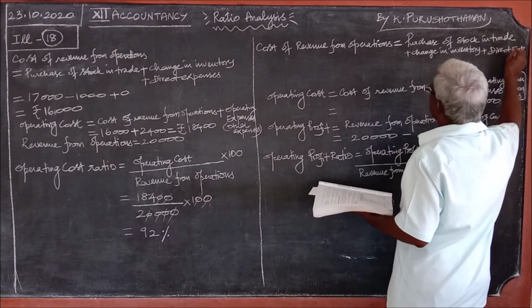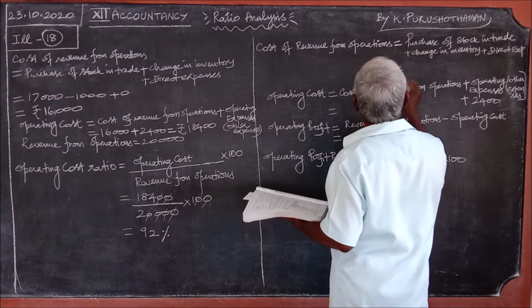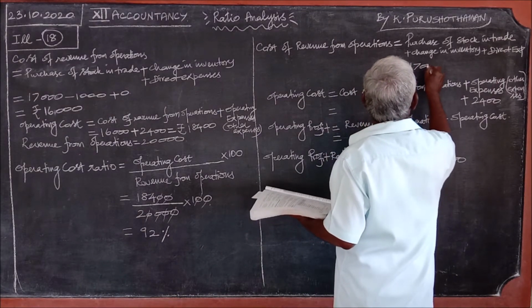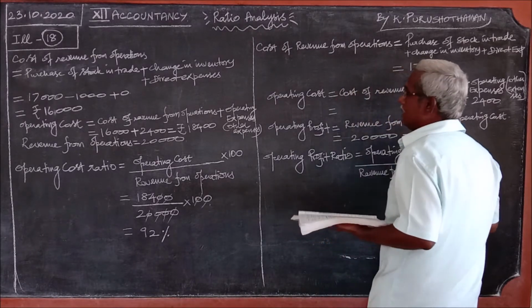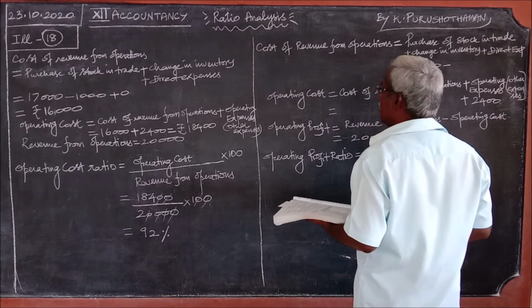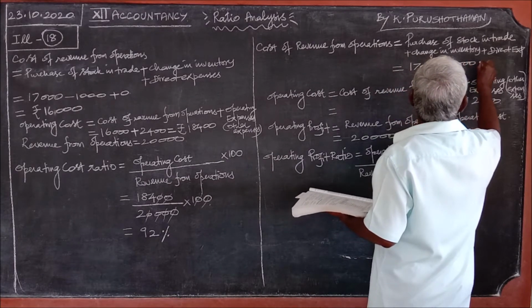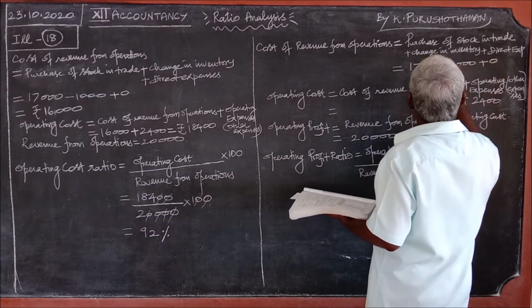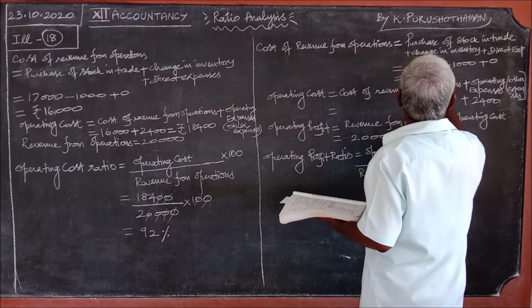These values are given in the book. Purchase of stock in trade 17,000. Change in inventory, if it is a plus, you can put a plus. Since it is given as minus, that is minus 1,000. Plus direct expenses, nothing, 0. Therefore, this is 16,000.